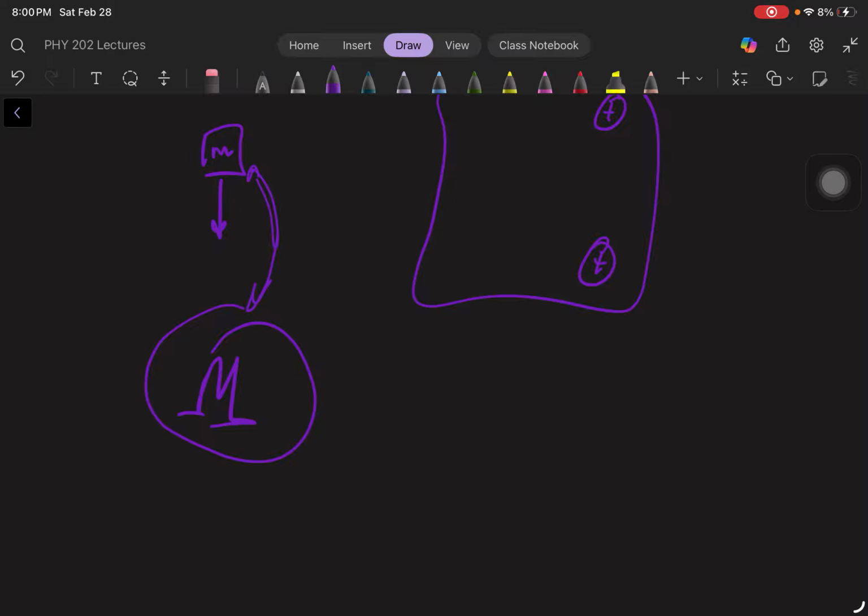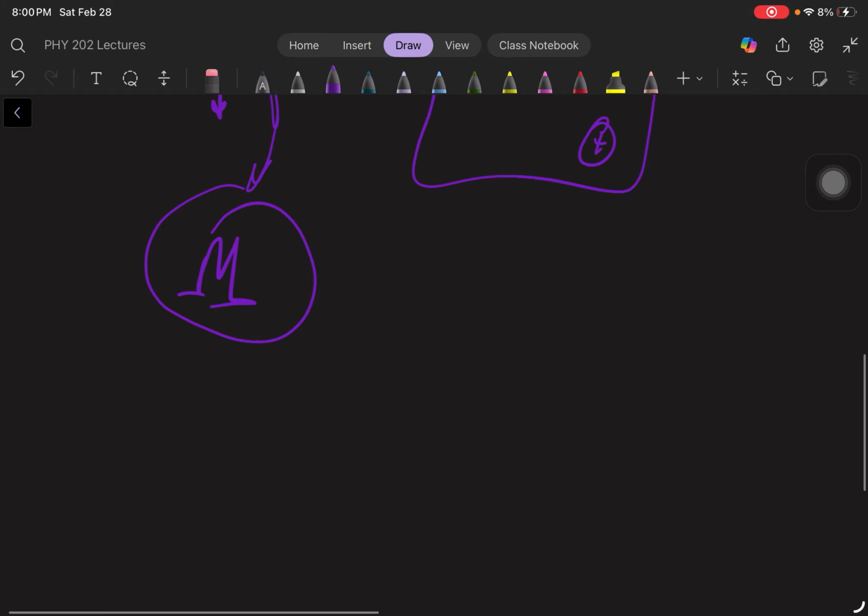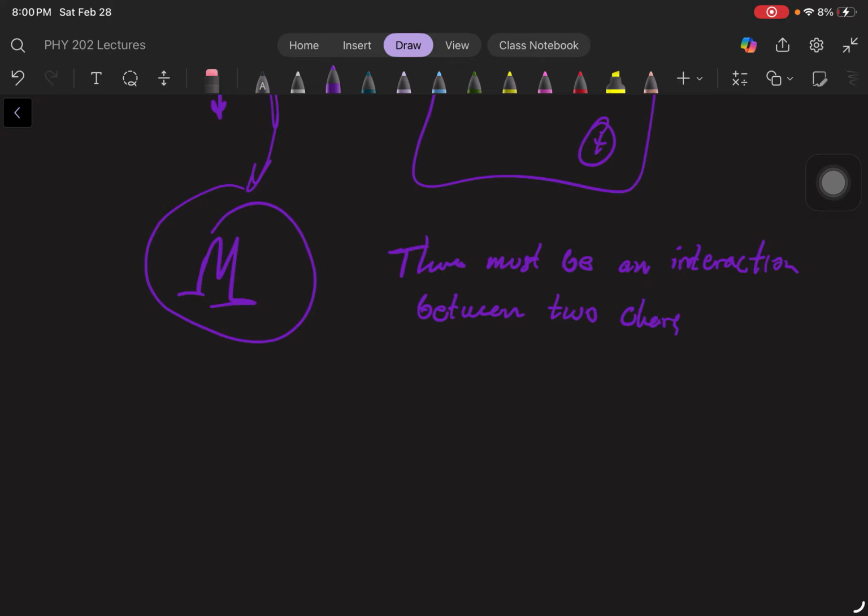And so if a single charge cannot have an electrostatic potential energy, there must be an interaction between at least two charges to have potential energy.